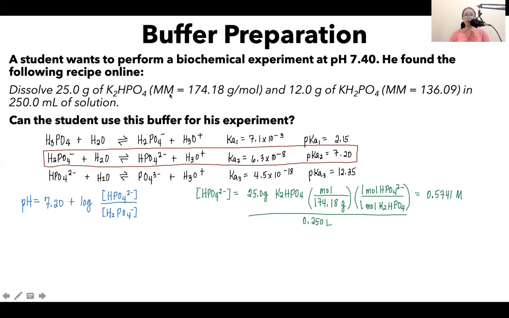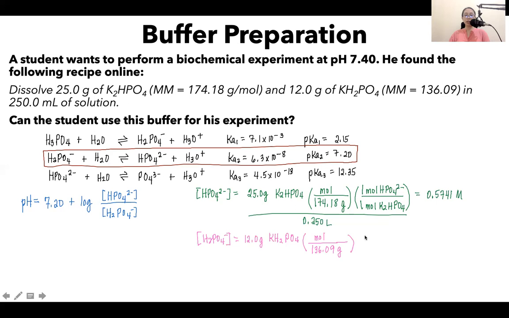For the weak acid component, we have dihydrogen phosphate, which will be coming from the second reagent mentioned in the recipe, KH2PO4. So we have 12 grams of KH2PO4. We divide this with the given molar mass of the substance, 136.09 grams per mole.